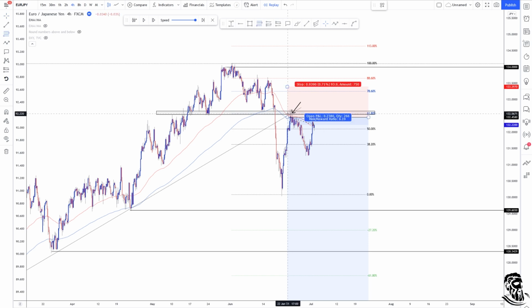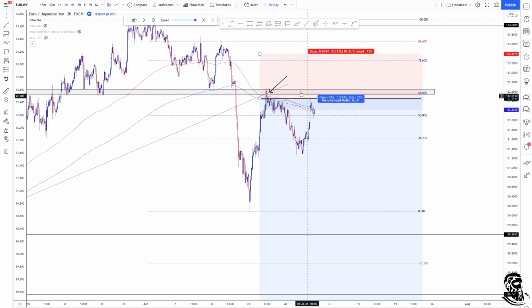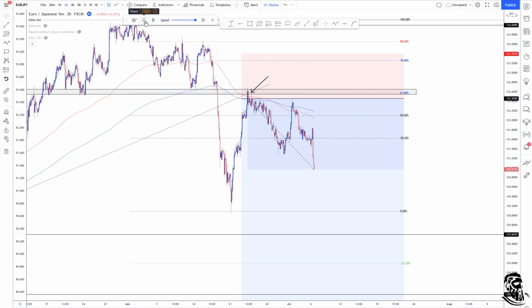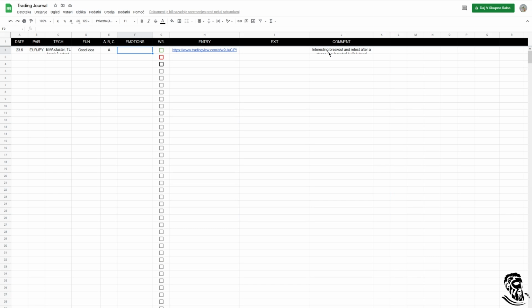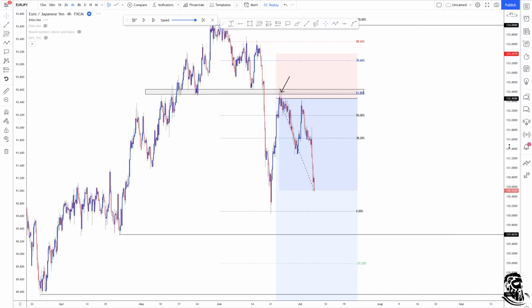If I do a fib on the lower time frame here, you'll see this is around the 78.6, a decent confluence again. So what you can do, you can maybe screenshot this, even hop on a 2-hour time frame, and say, after an impulse push retrace, this might be a good entry point again. So you can save this screenshot and put it inside the comments. So this is one example of what you can do for future reference.